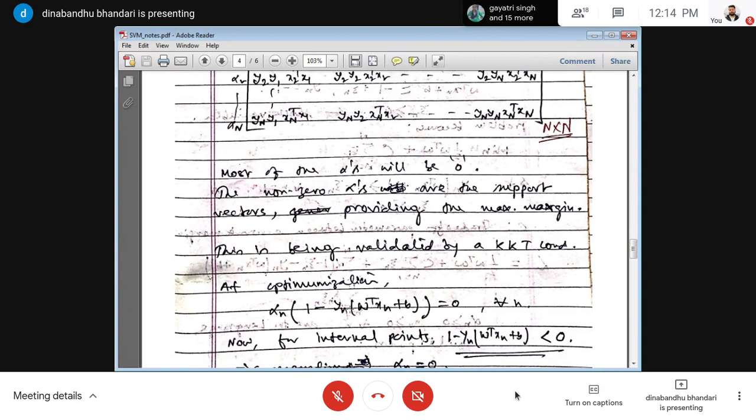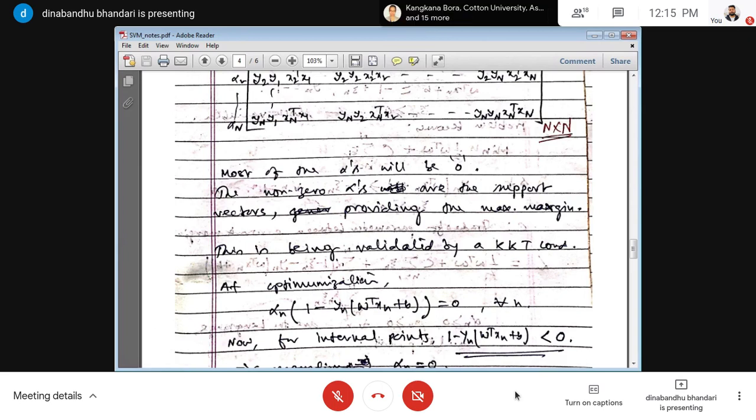We multiplied it by alpha and added it to the Lagrangian. This product, alpha n into this, will be 0 for the optimum alphas. So if we can solve for the optimum alpha, this will be equal to 0 at the optimum point.